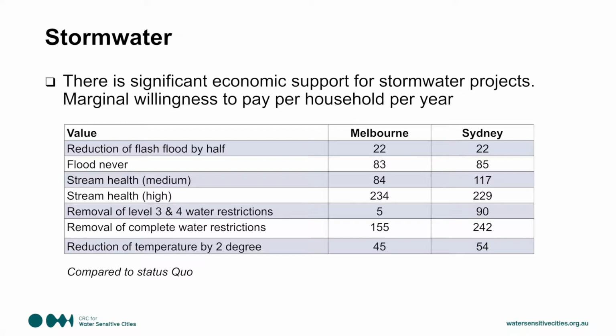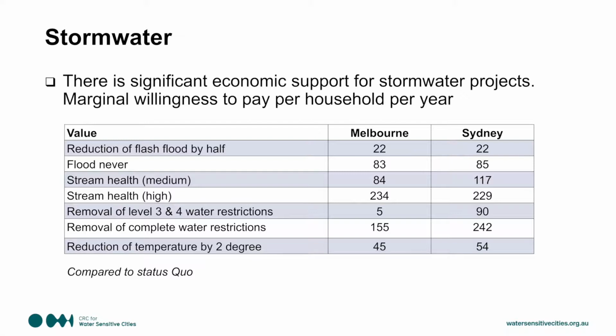This is compared with the status quo, whatever the condition is in the local council where they live, if the stormwater management project can reduce flash flood occurrence by half. In Melbourne, on average, respondents were willing to pay $22 per year per household, and Sydney is the same amount.